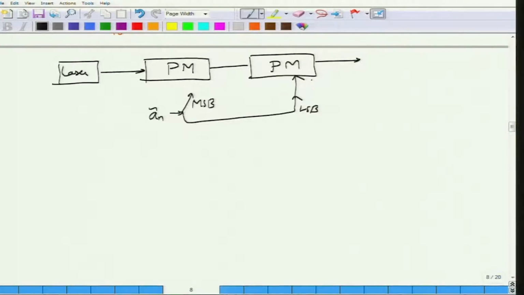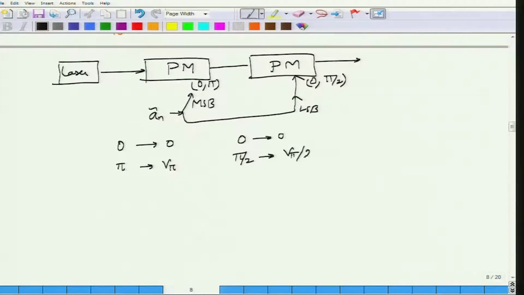You feed this in such a way that one phase modulator is operated at 0 and pi by 2, whereas this one is operated at 0 and pi. To operate a phase modulator at 0, you send in 0. To operate the modulator at pi, your amplitude should be V pi. To operate at pi by 2, your amplitude should be V pi by 2.